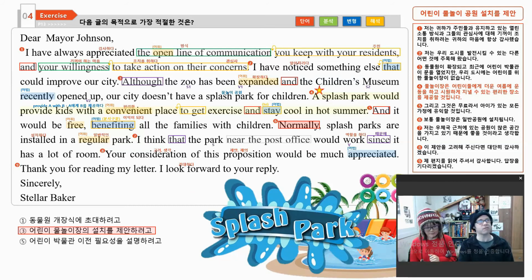There's no safety checks, there's no rides, there's no amusement park. To be fair, a splash park is a type of amusement park, but it's not made yet. It's a proposed idea. So I didn't see any words of safety. And number 4, to request renovation of the splash park.